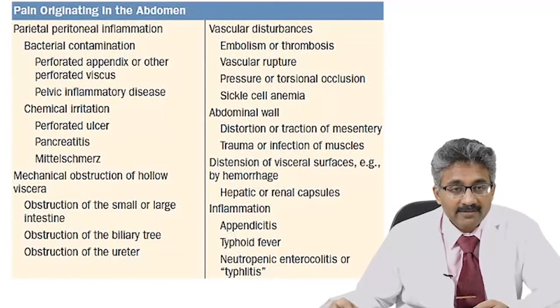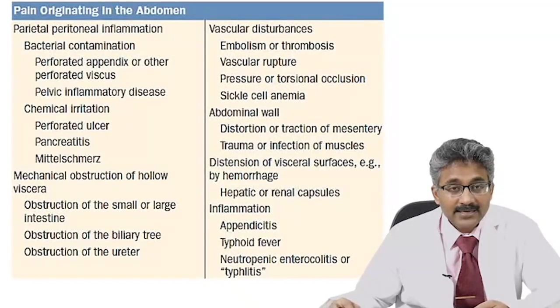One more important feature of pain from parietal peritoneal inflammation is guarding. The muscles overlying the parietal peritoneal inflammation will undergo guarding and rigidity. Muscle spasm will occur.